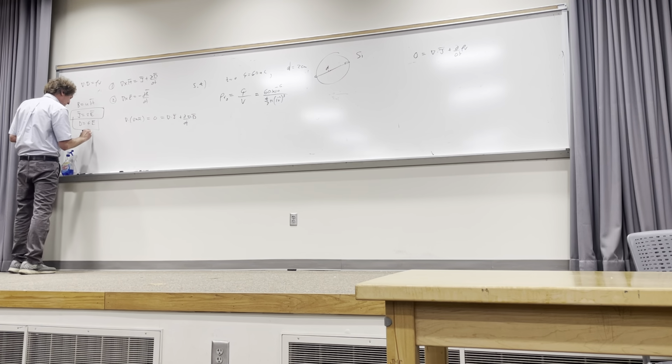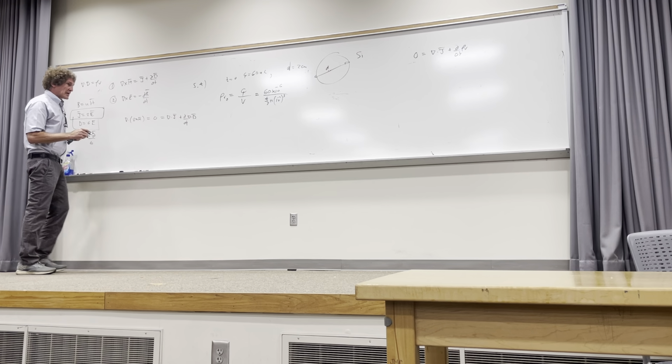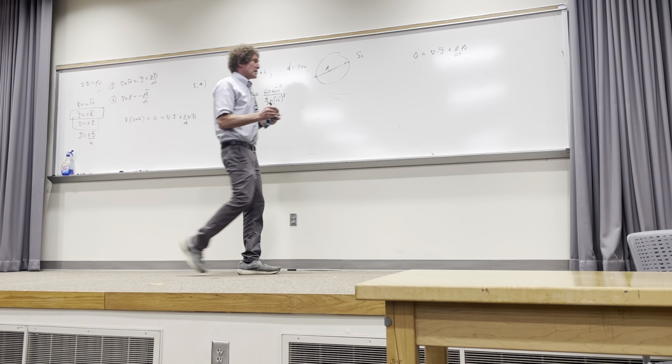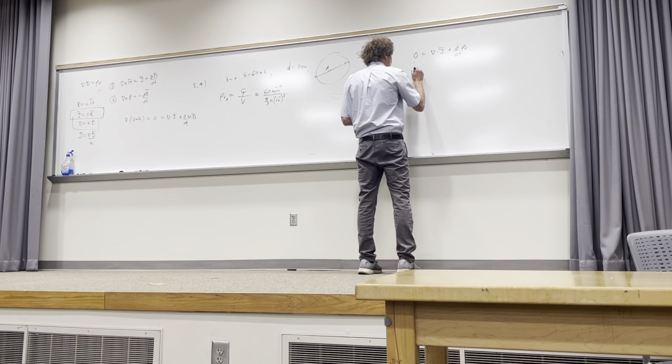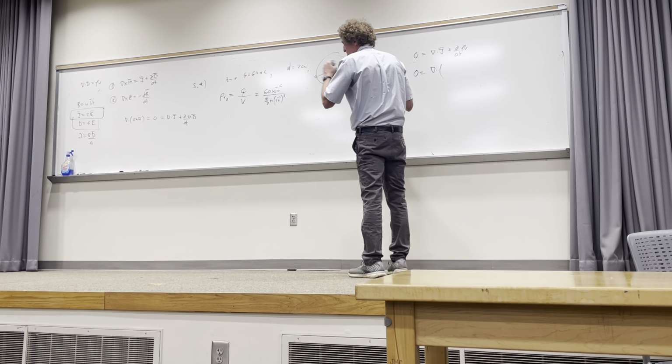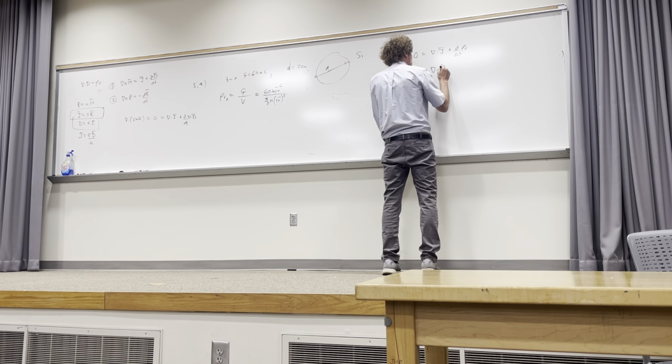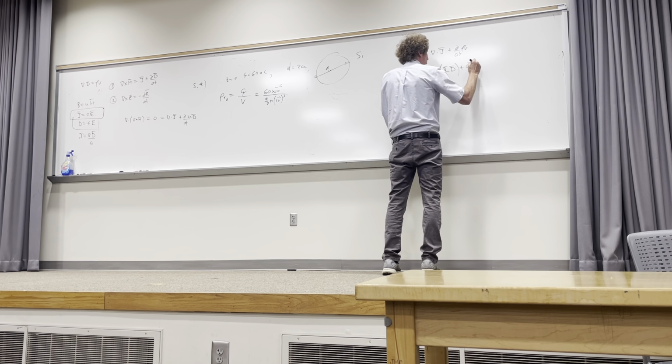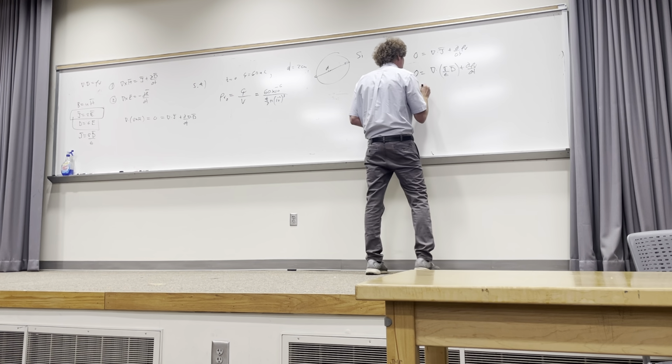So now I can say the divergence of J right here is equal to the divergence of sigma over epsilon D, plus d rho v dt.